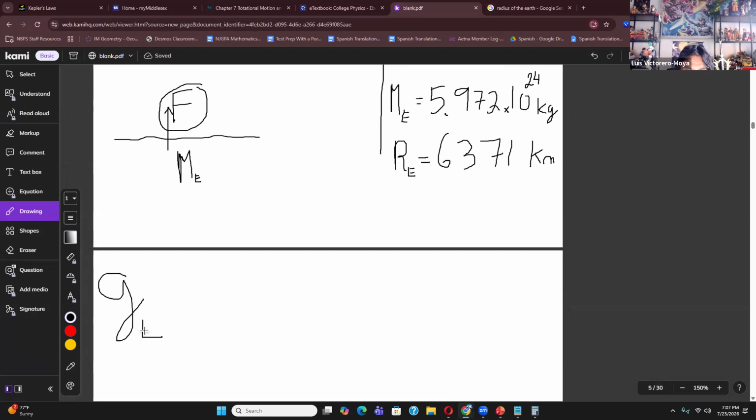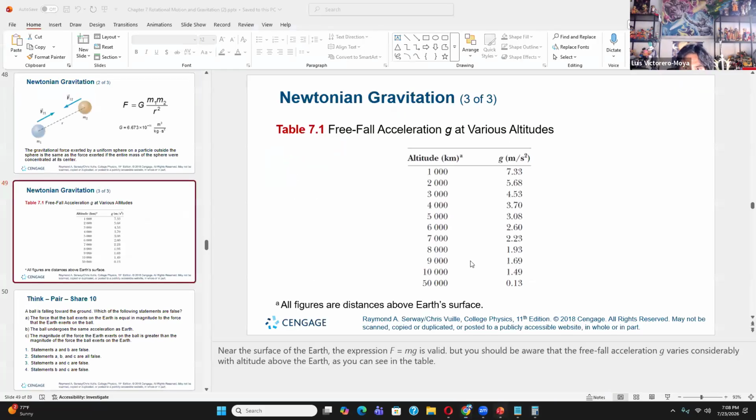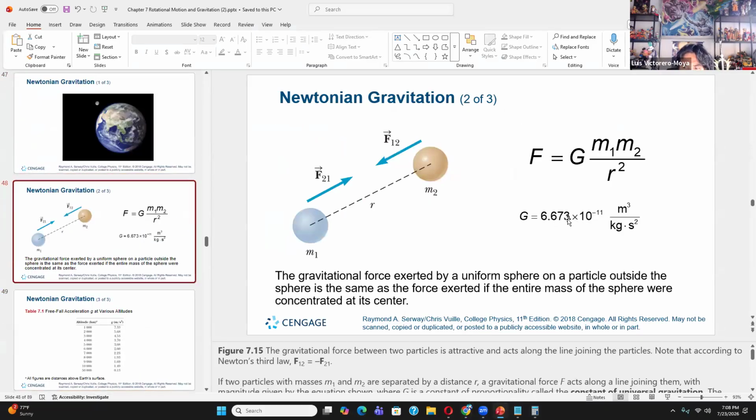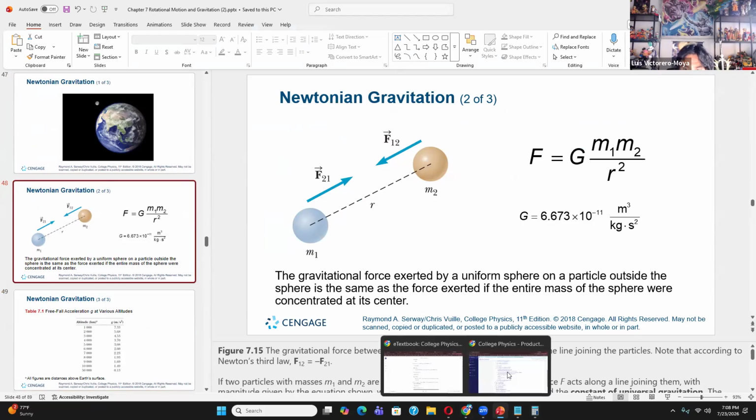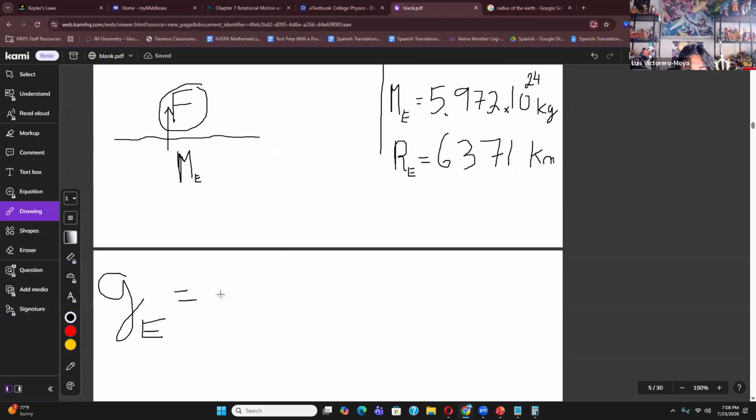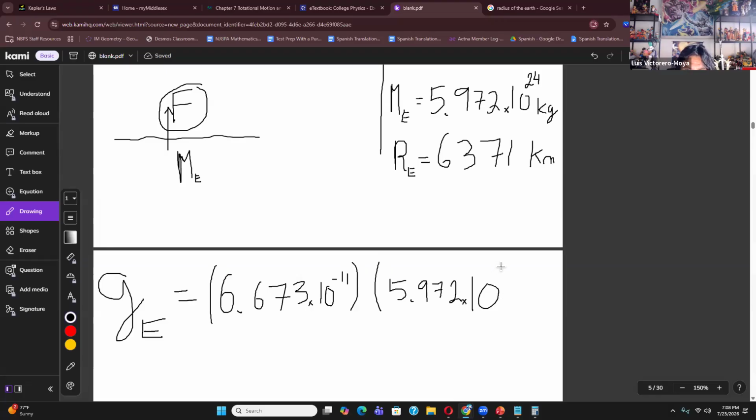Gravity of the Earth is the G value, the capital G, which is 6.673 times 10 to the negative 11, times the mass of the Earth, divided by the radius squared.